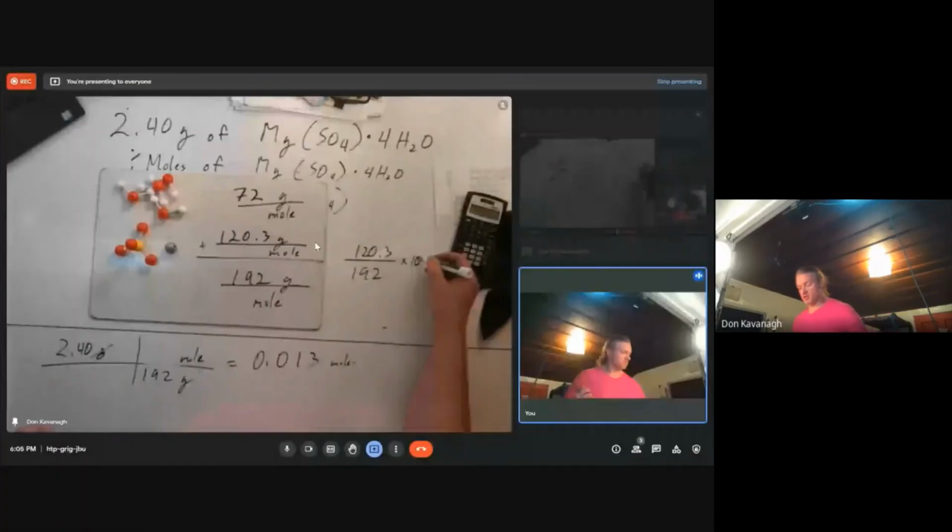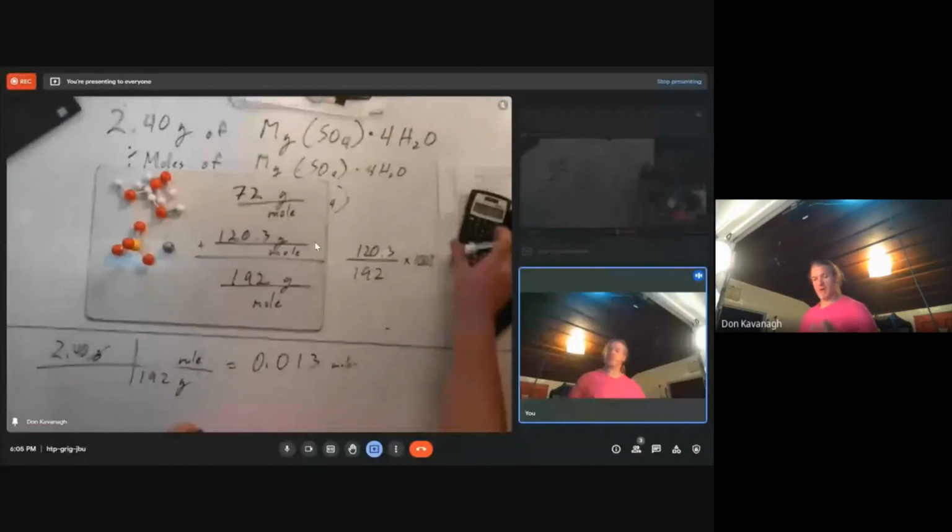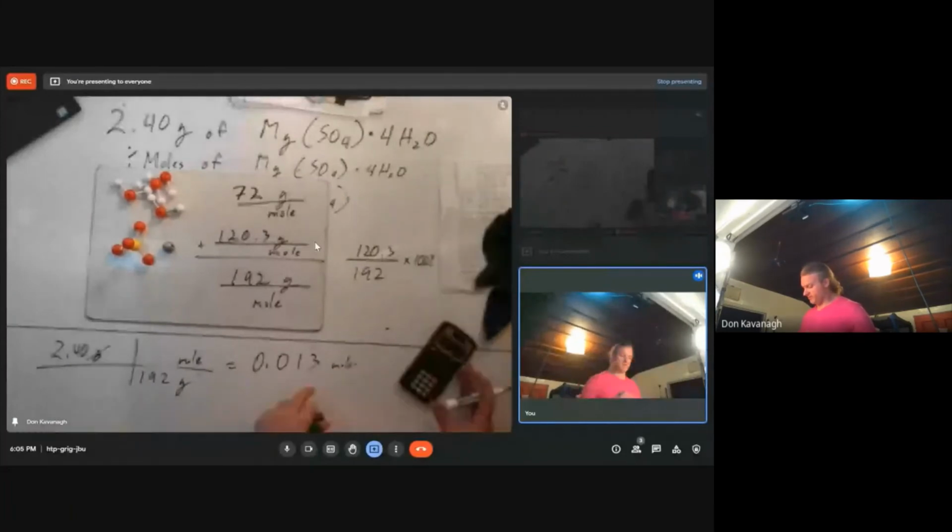We can set that up with a little ratio: 120.3 divided by 192, the part and the whole. Their units are all going to cancel out, times 100%. That would give us a percentage of how much is magnesium sulfate.